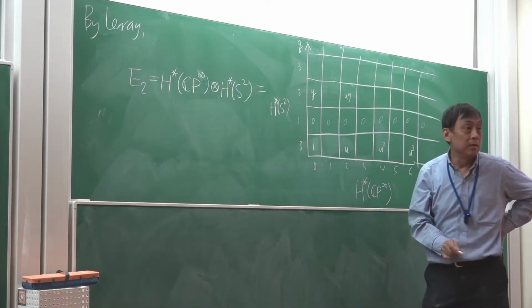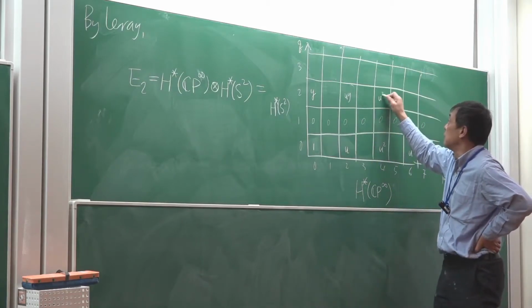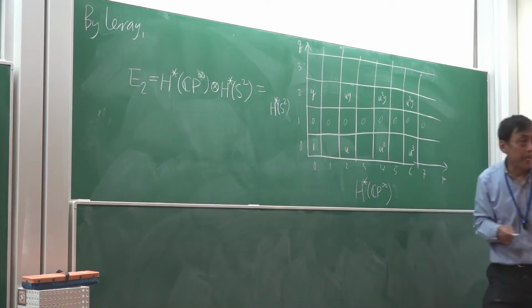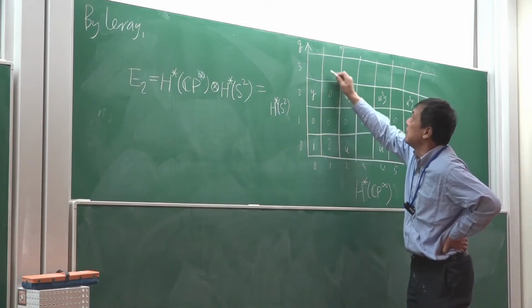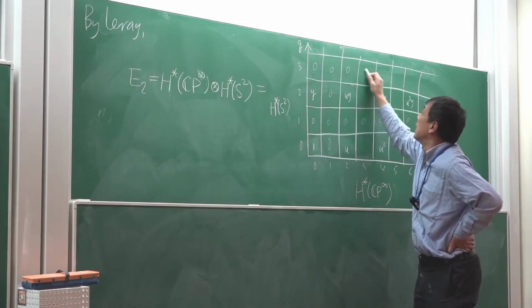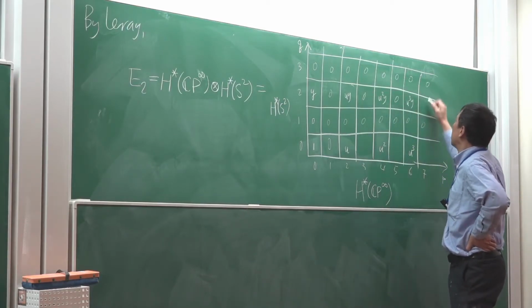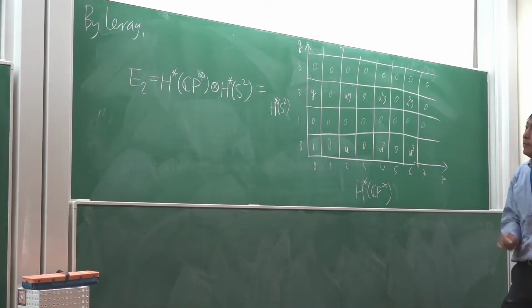You take the tensor product, so it's got a single generator: U squared y, U cubed y. And then everything else is 0. Now this is E2.